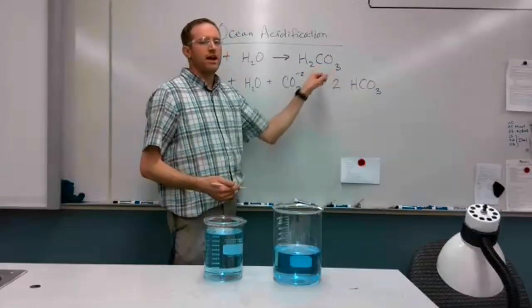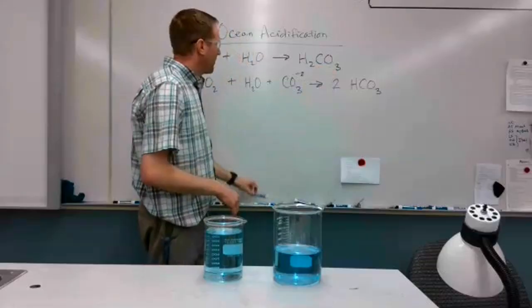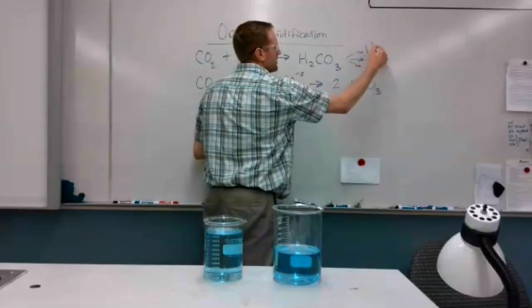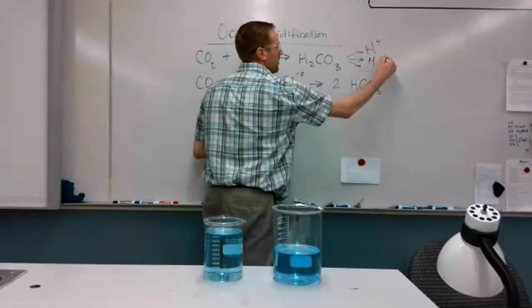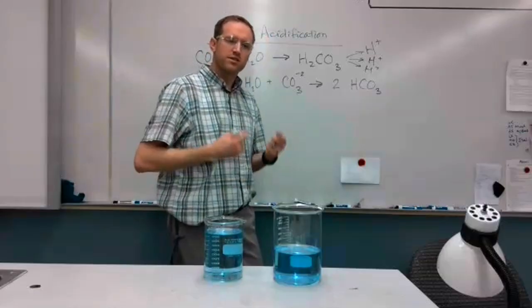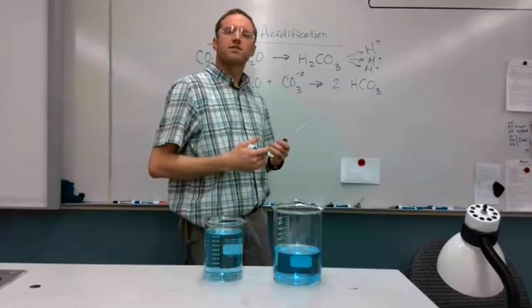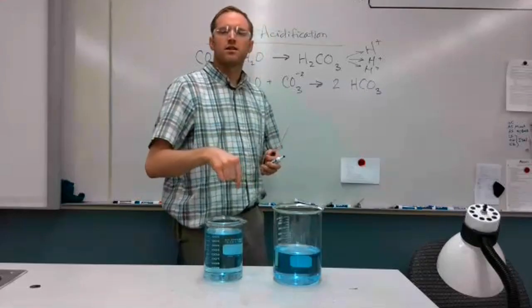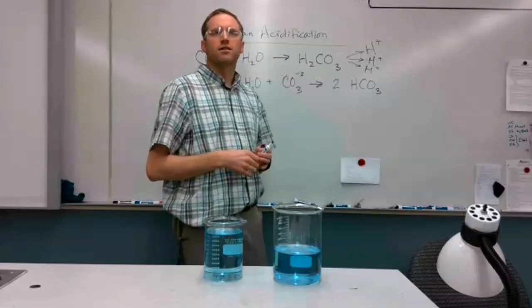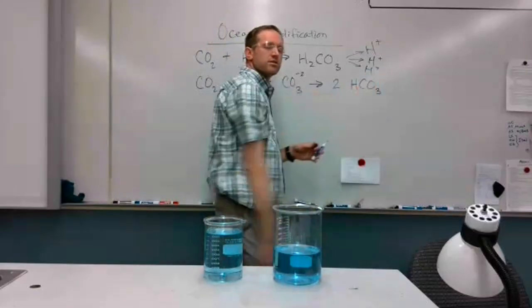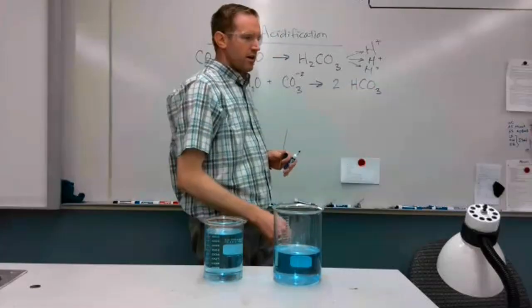Now if you have an acid, that means that it is producing lots of hydrogen ions in solution. That's what makes something an acid, it creates a lot of extra hydrogen ions, and then you measure the pH, and that's why it has a lower pH, because there's a higher concentration of hydrogen ions.